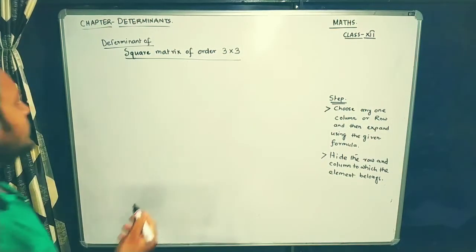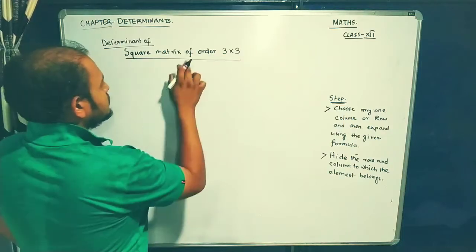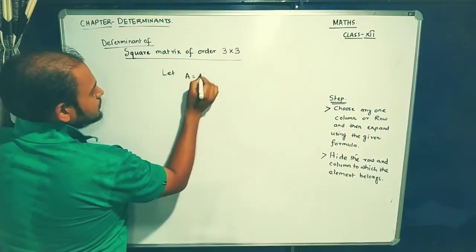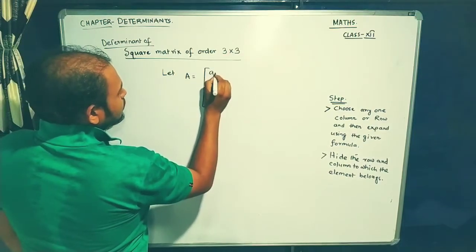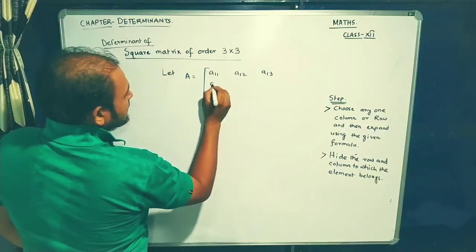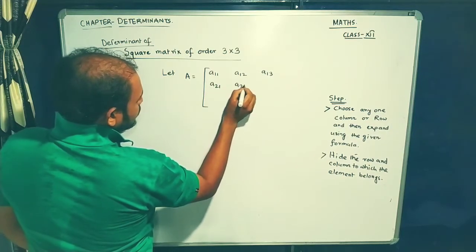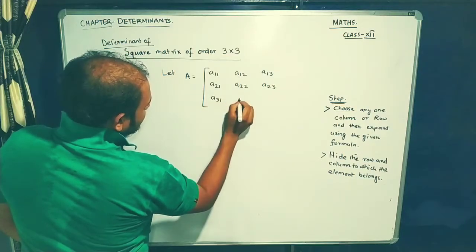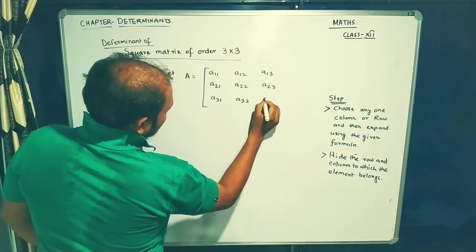Let us write a square matrix of order 3 by 3. Let us draw a typical matrix here. Let A is equal to A11, A12, A13, A21, A22, A23, A31, A32, A33.